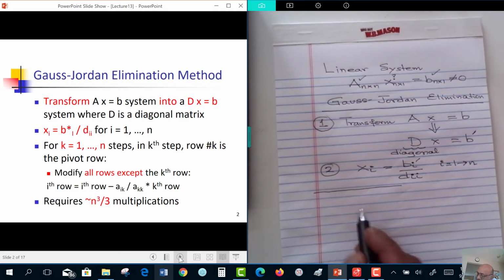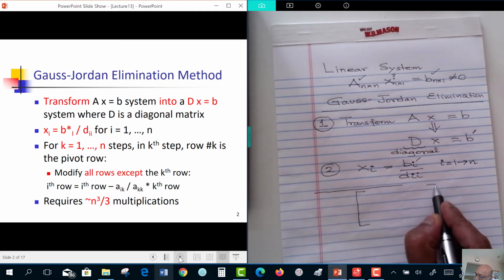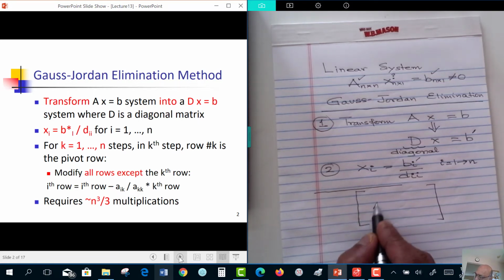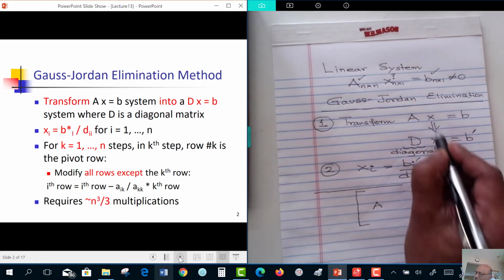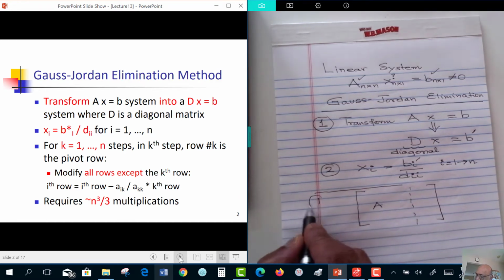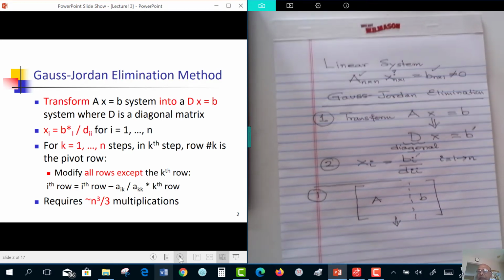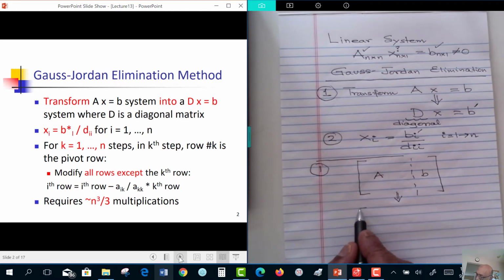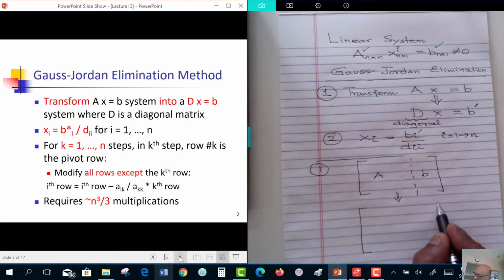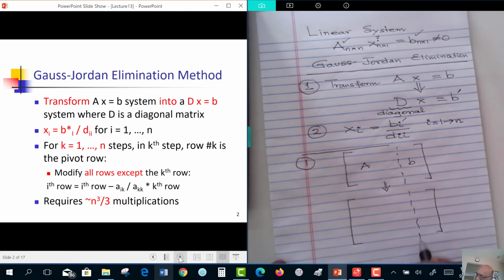So let's visualize this. What we want to do is transform a matrix A. Since we don't know X at all, let's not even bring X into the picture in stage one. And this is B. So we want to transform this into a diagonal matrix form.